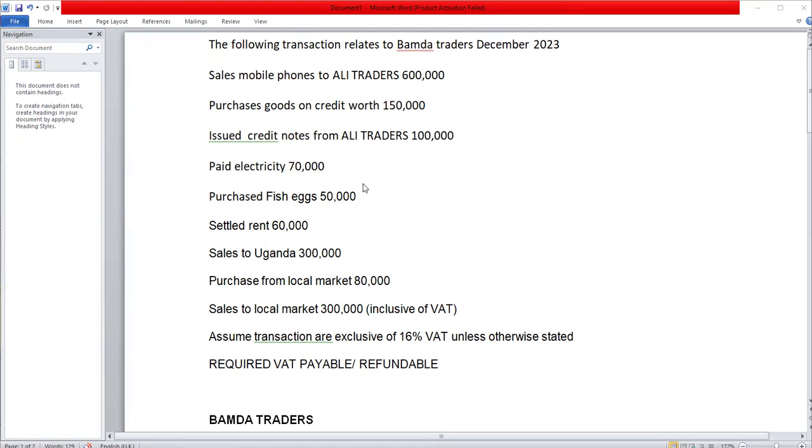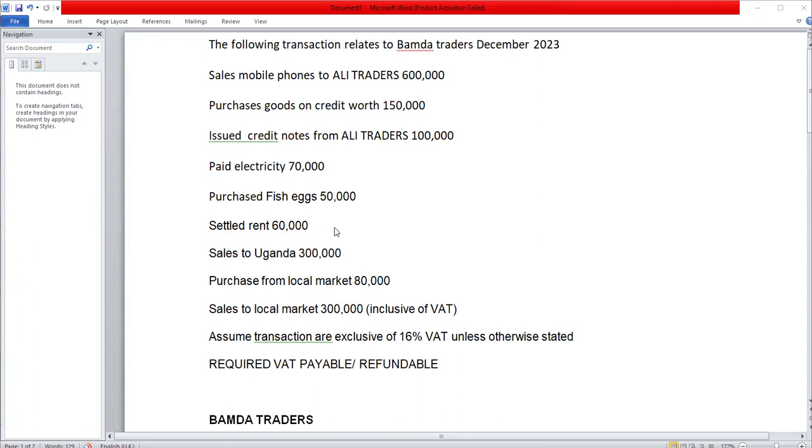So I've been told the following transactions relate to Bamda Traders, December 2023. We have sales of mobile phones to Ali Traders, 600,000. Purchase goods on credit worth 150,000. Issued credit notes to Ali Traders, 100,000. We paid electricity, 70,000. Purchase fixed assets, 50,000.